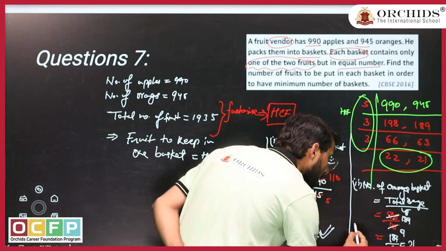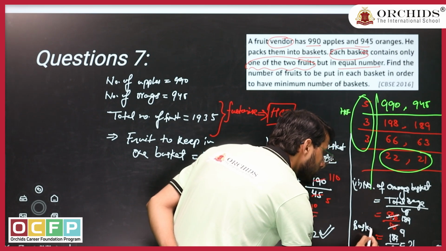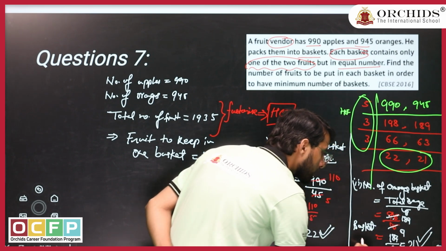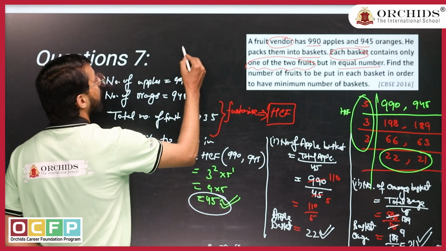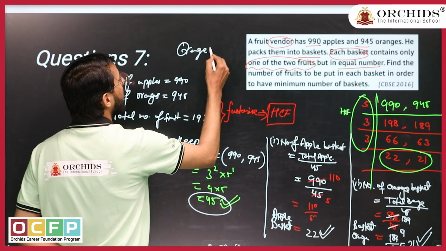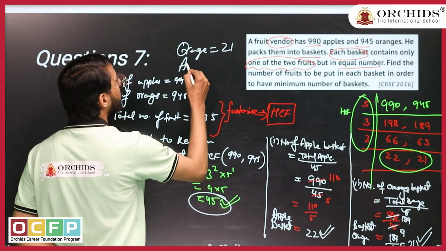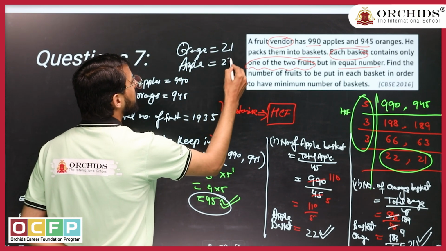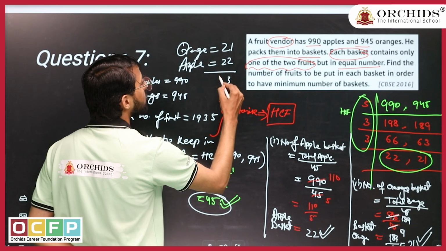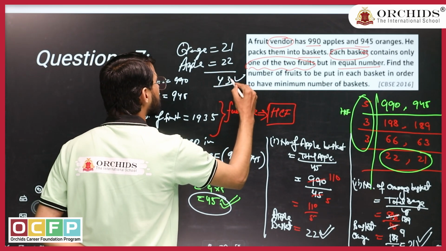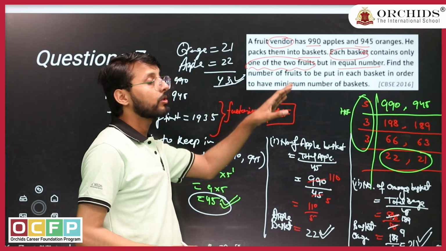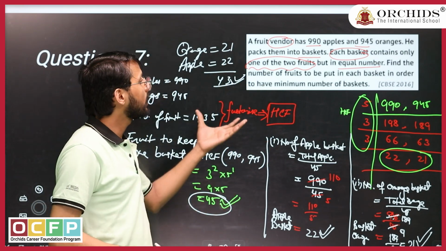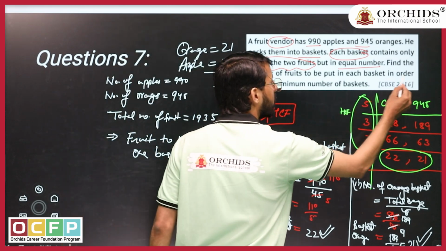It means how many baskets for oranges? 21 baskets for the oranges, and for the apples, how many? 22. So total number of baskets is 43, but 22 utilizing the apples and 21 utilizing the oranges. This is the way to solve this. This was a CBSE 2016 question.